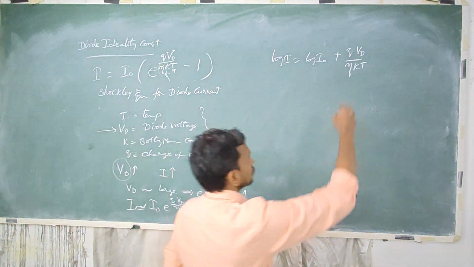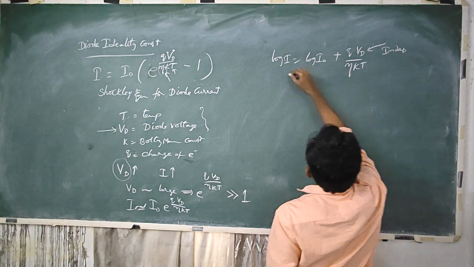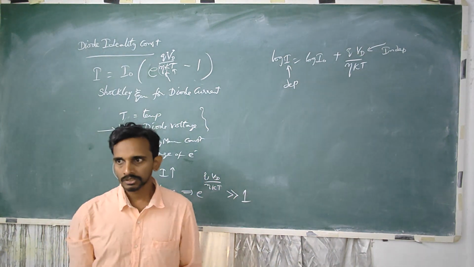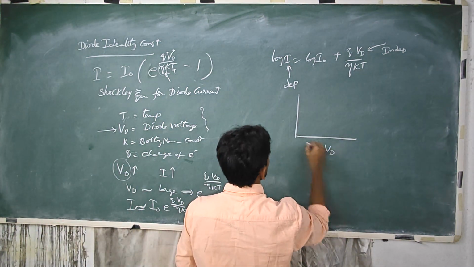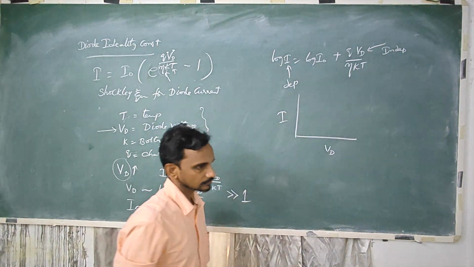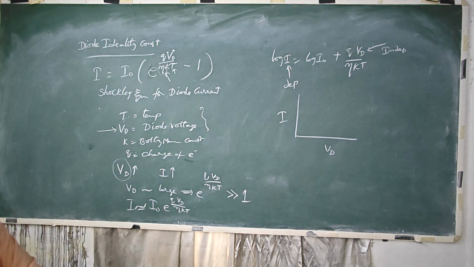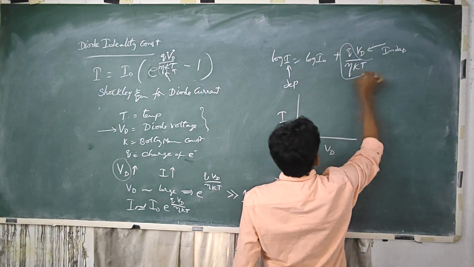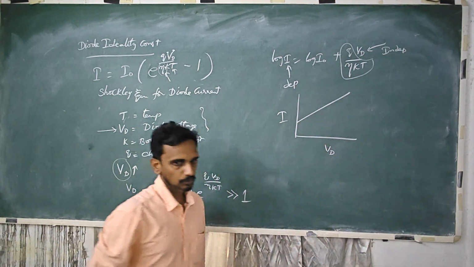So here Vd is the independent variable, I is the dependent variable. So I have to draw a graph between Vd and log I. So this looks like a straight line, y equal to mx plus c, with positive slope.